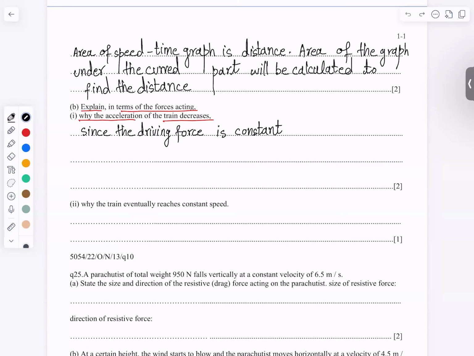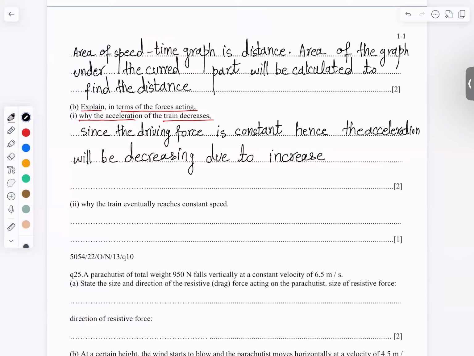hence the acceleration will be decreasing. Hence the acceleration will be decreasing due to increase in the resistive forces.